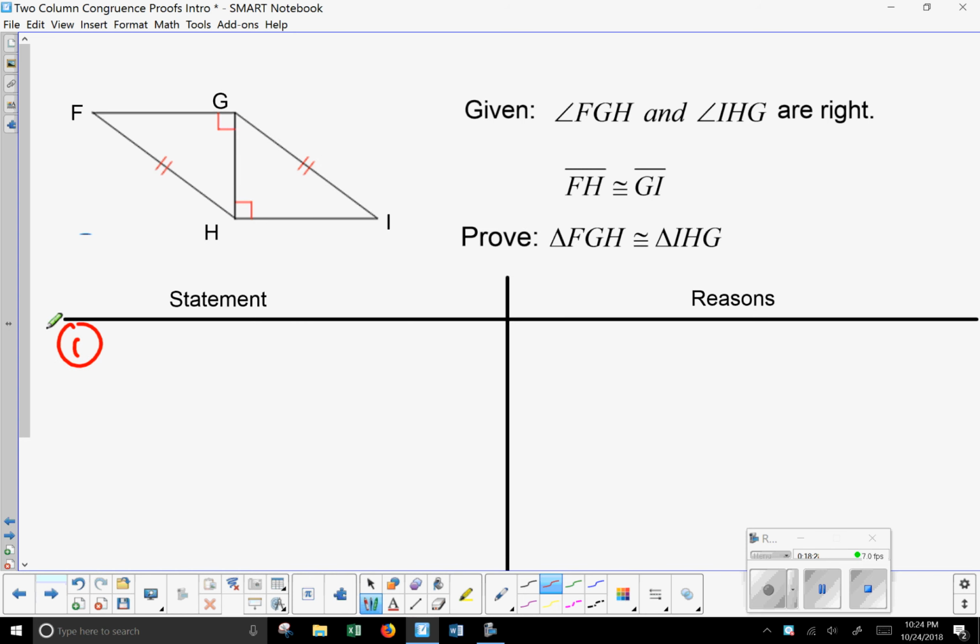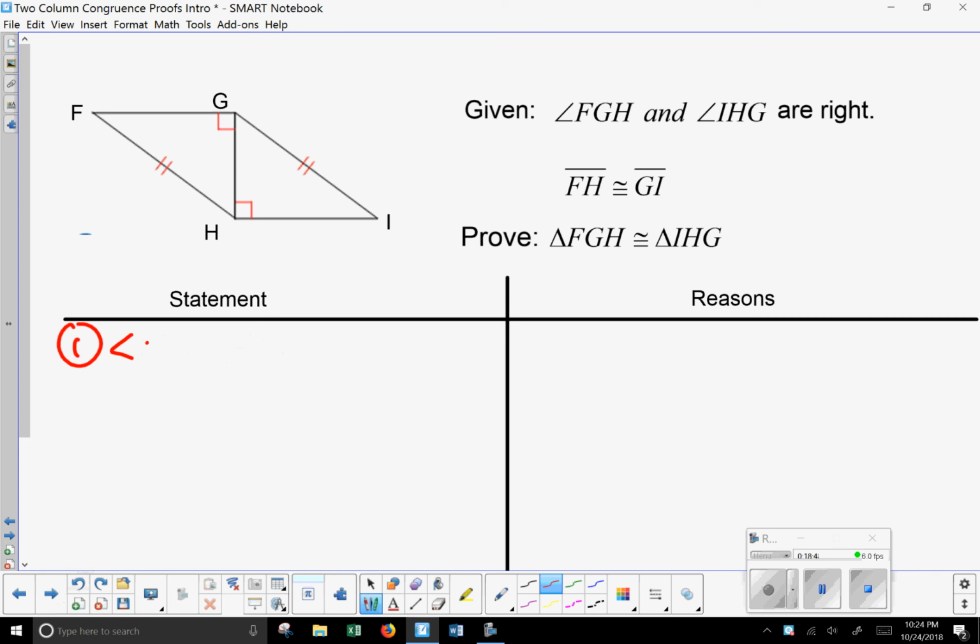Statement 1. What would statement 1 be? Oh yeah, it's got to be that angle FGH is congruent to angle, oh, I'm sorry, I'm going back, my mistake, I'm fixing it.